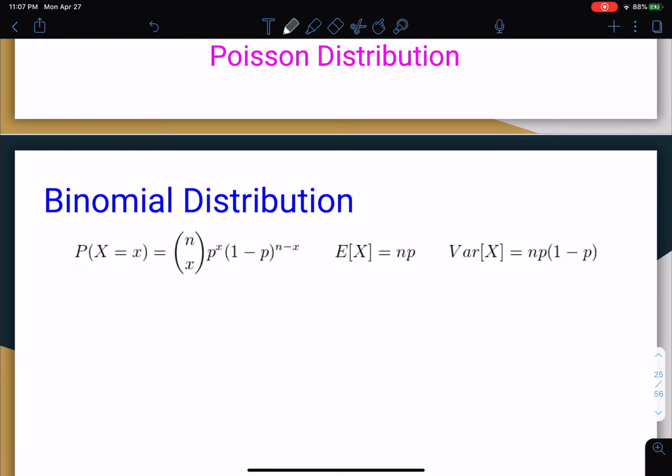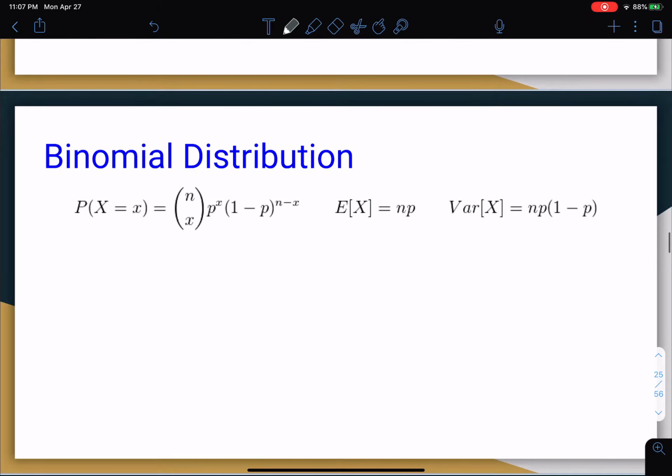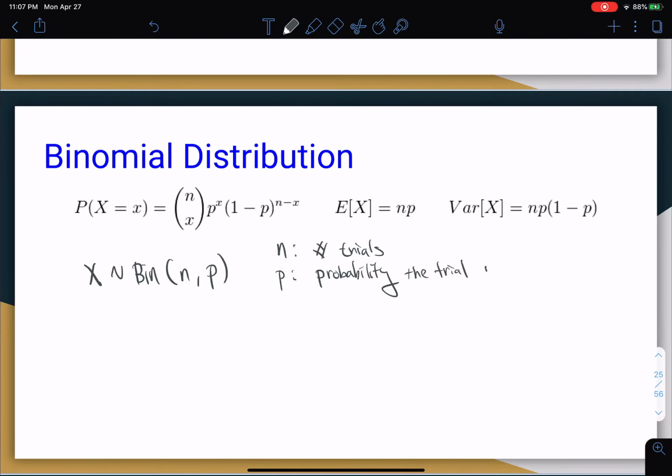So binomial distribution, you have two arguments, so this is how you usually write it. Binomial of n comma p, so you have two variables. N is the number of tosses, the number of trials, and p is the probability that the trial is a success.